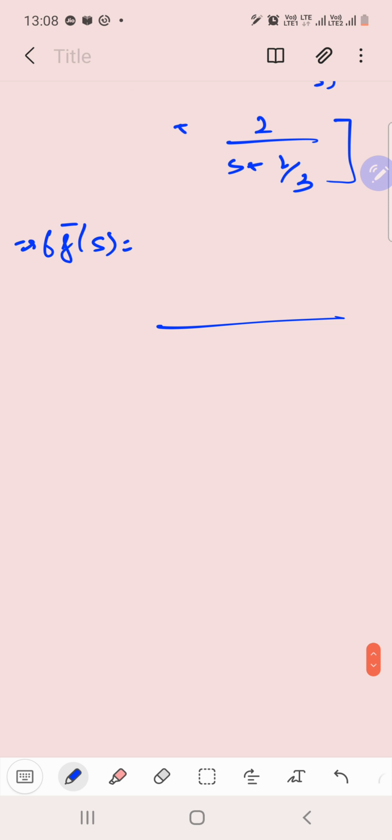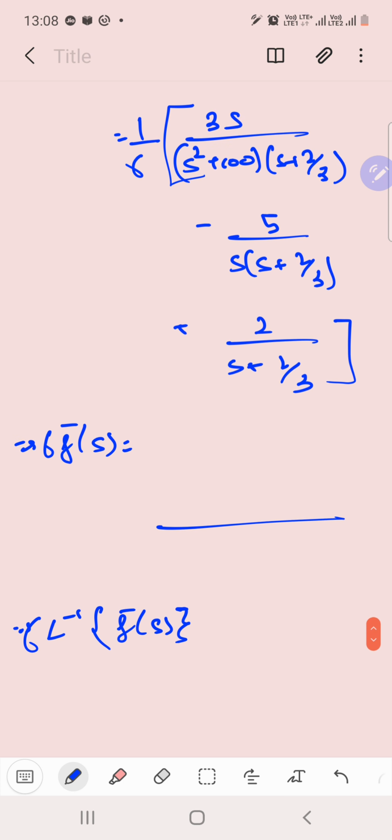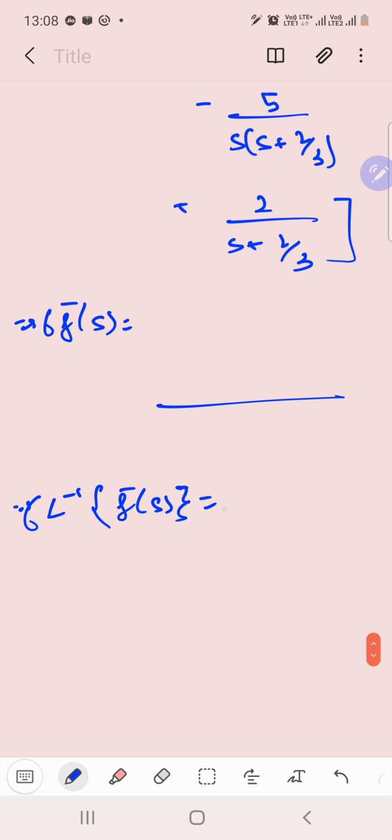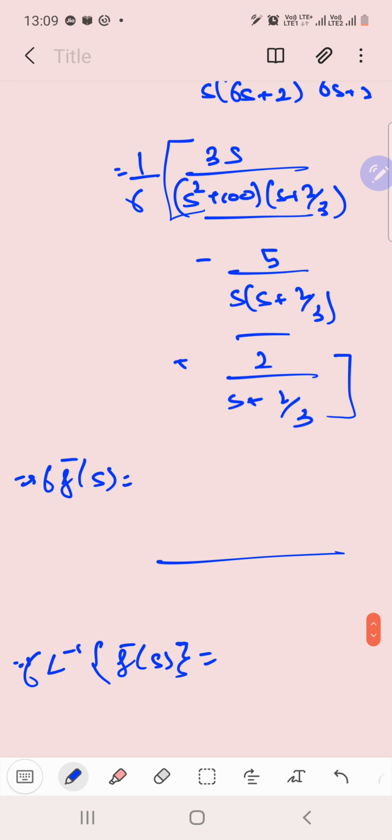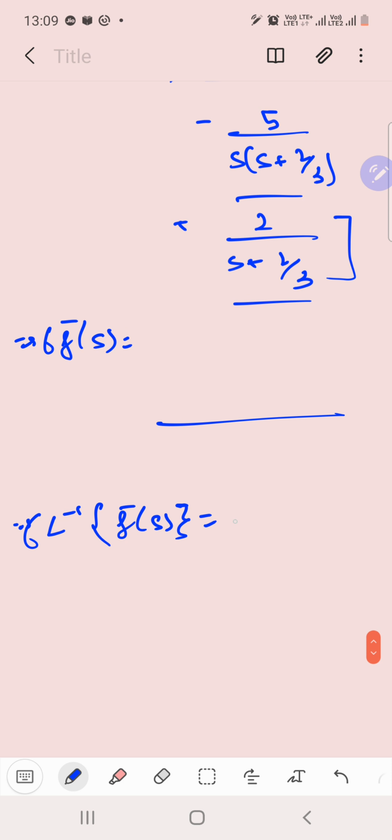Now we put the inverse Laplace on both sides. So the inverse Laplace of f bar s, and you have 6 here, let it be 6 there. This basically becomes the inverse Laplace of each of them, so you can find the individual inverse Laplaces.